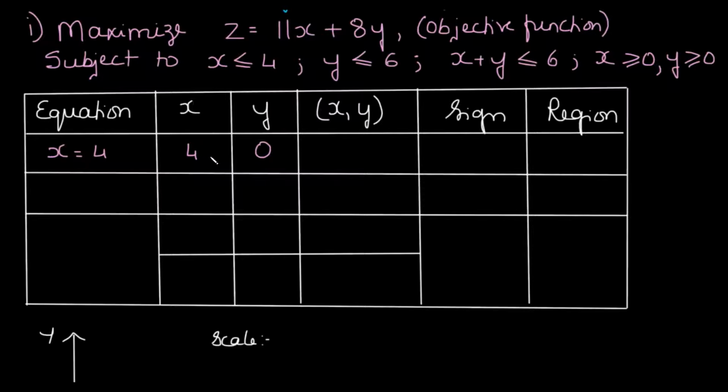So this is going to be a line which is parallel to the y axis. As a result, we do not need any other point on this particular line. So our point here is (4, 0). The sign given is less than or equal to, and therefore we know that the region is the origin side.